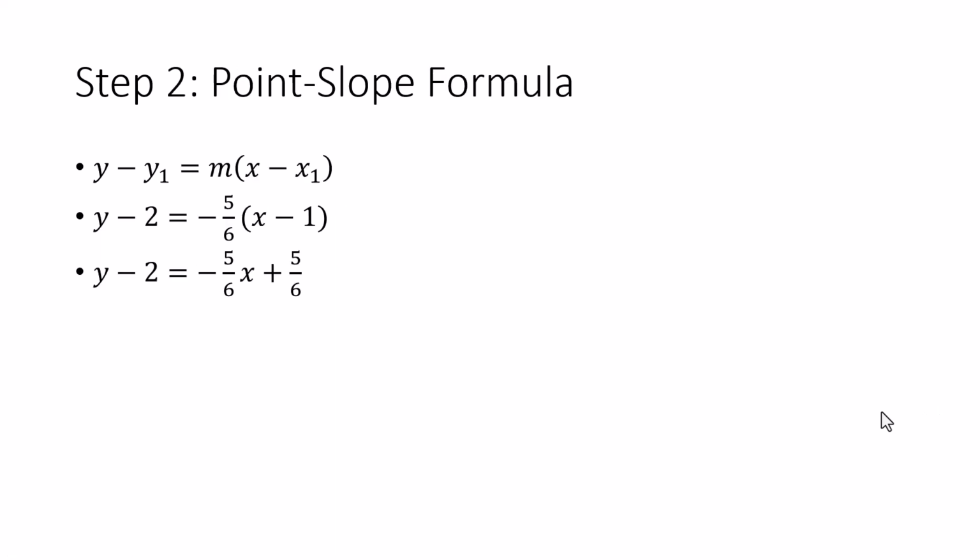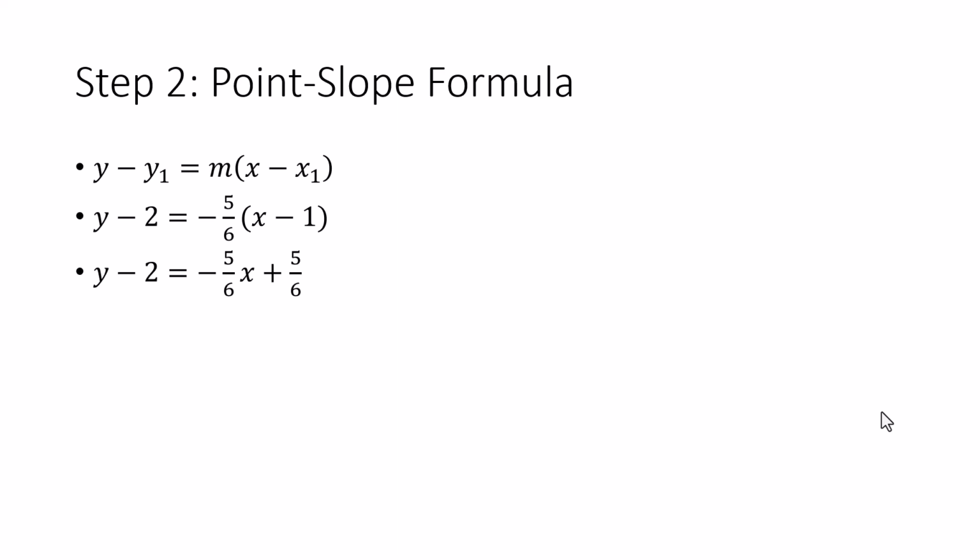Now that we have the slope of our line, we are ready to use the point slope formula. This is our second step in finding the equation of a line. In this formula, we do not substitute values for the y variable and the x variable, but only for the y1, the m, and the x1.